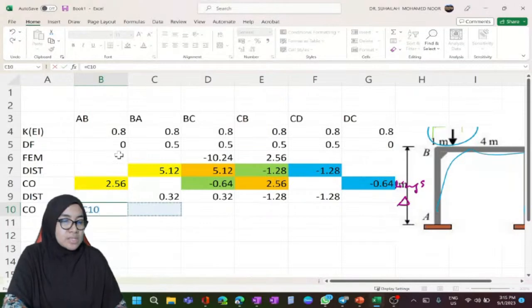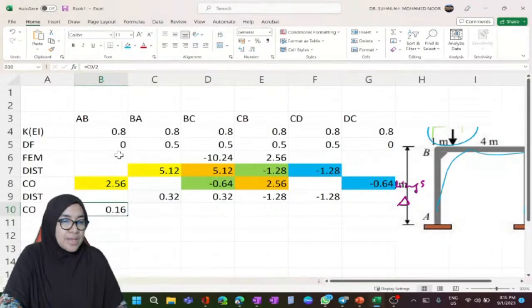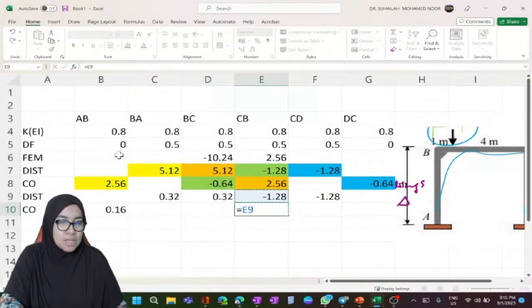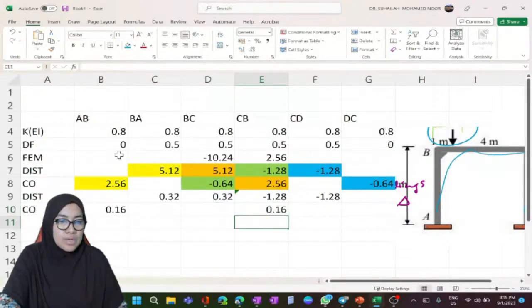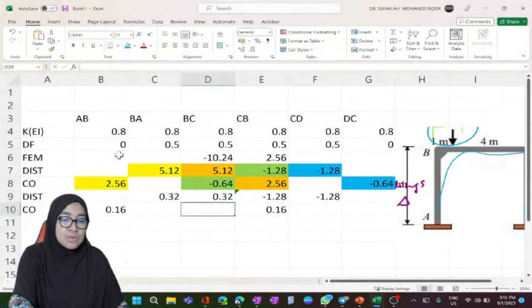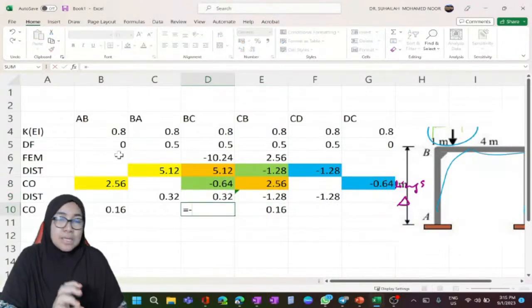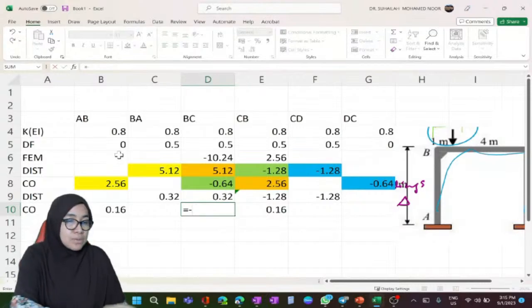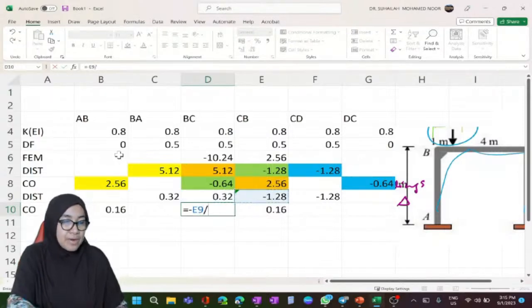So it is 0.32 divided by 2, and we carry the value to the opposite end. We have negative 1.28 that we need to carry to BC, so it becomes negative 1.28 divided by 2.